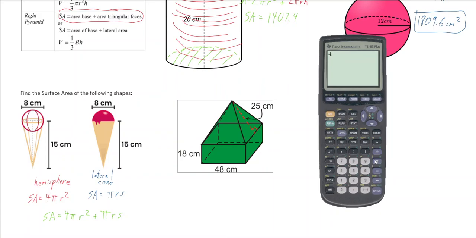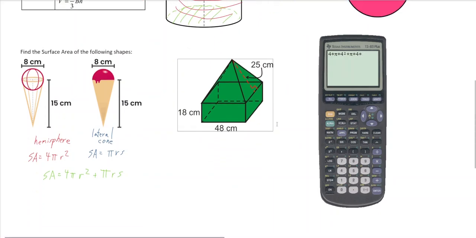So 4 times pi times r, which is, now 8 is the diameter, so we have to use 4 squared, plus pi times r, which is 4, times the slant height, which is not the 15, so we're actually going to have to do a little bit of work here because it's not 15.